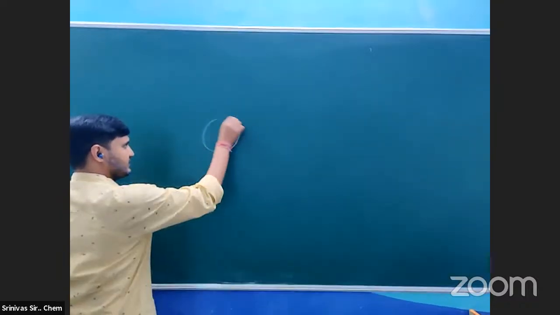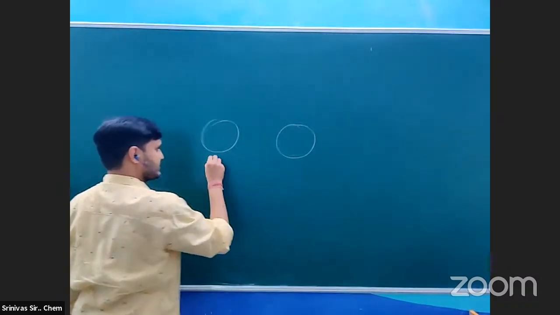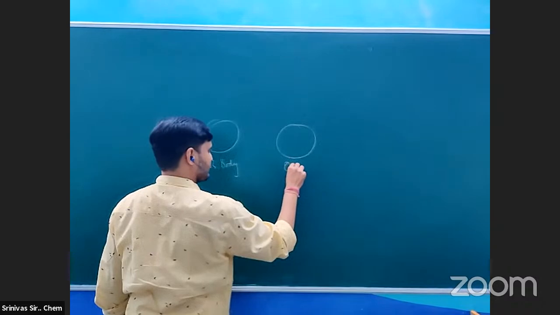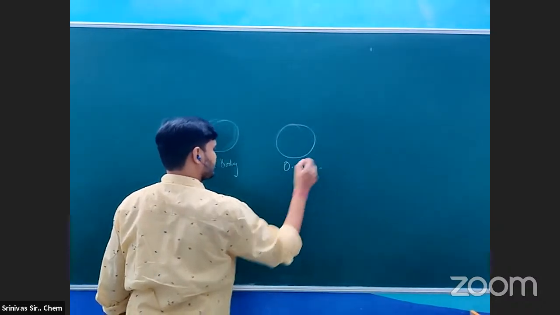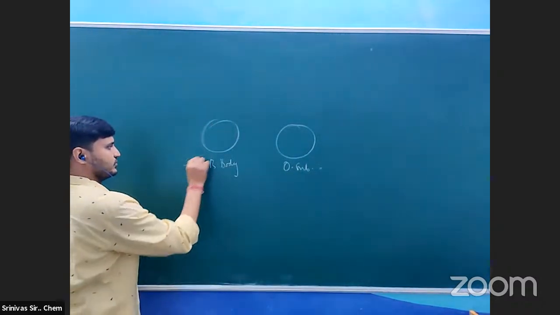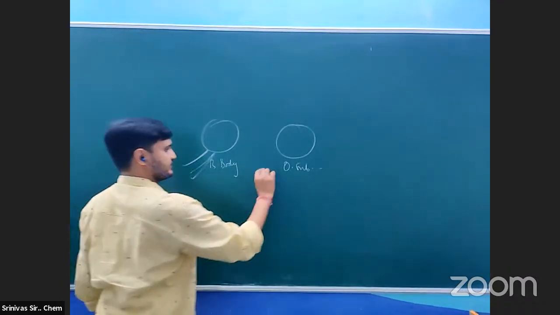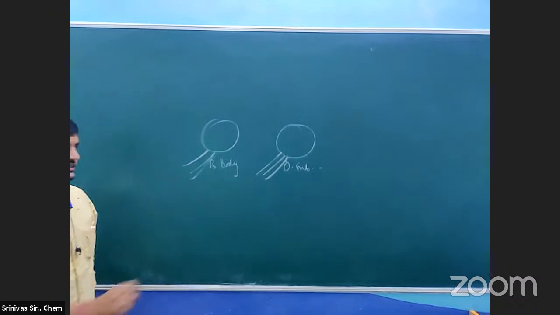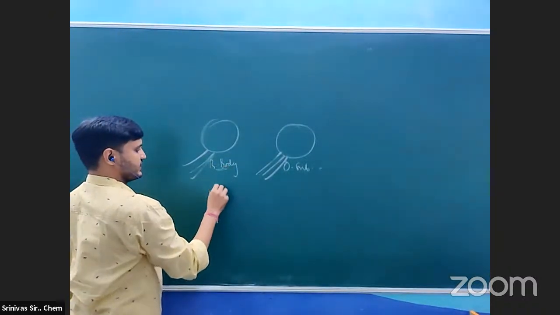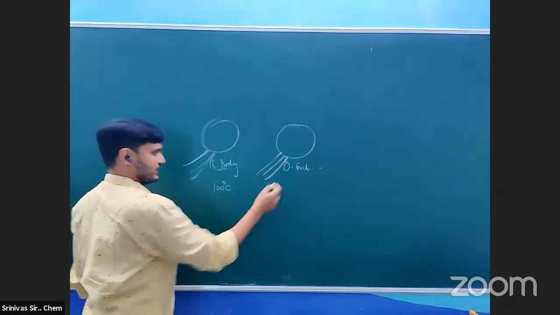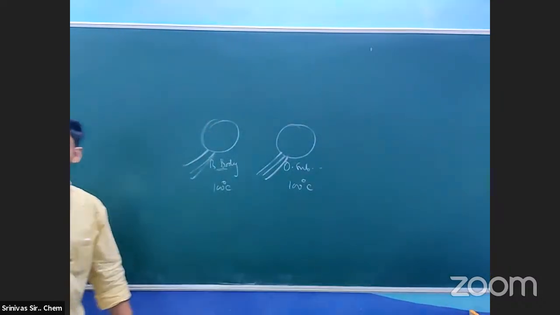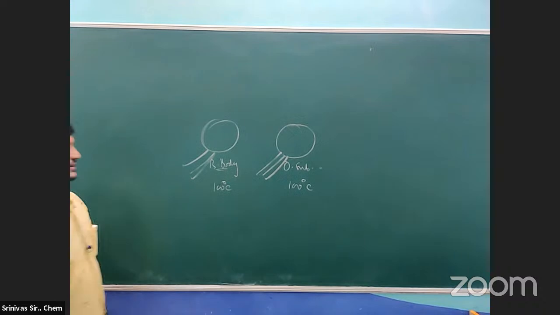Suppose this is a black body, this is an ordinary substance. Both substances are supplied heat energy. By the supplying of heat, let's say the temperature of the black body reaches 100 degrees Celsius, and the ordinary substance temperature also reaches 100 degrees Celsius. Then what will happen?